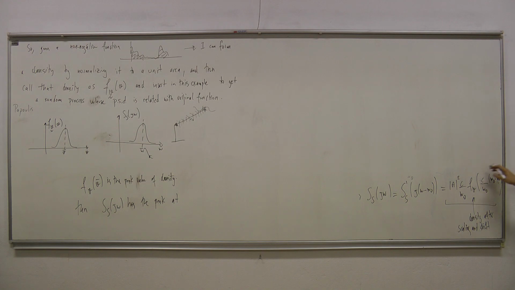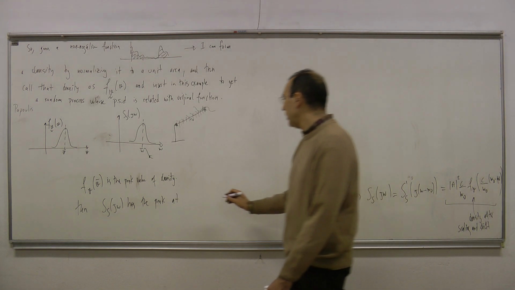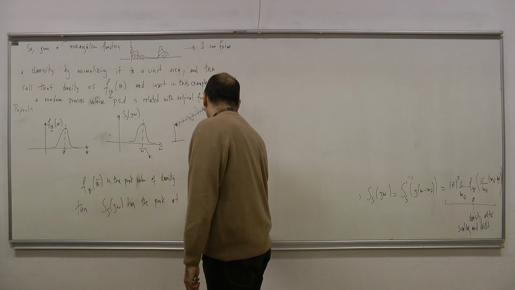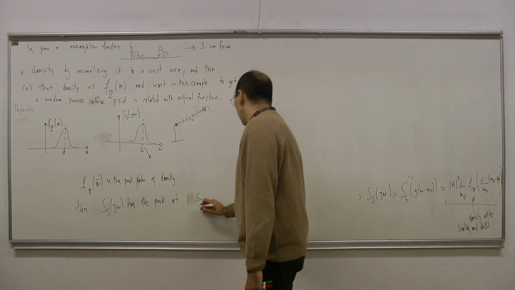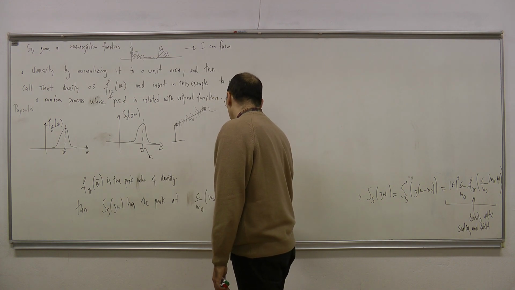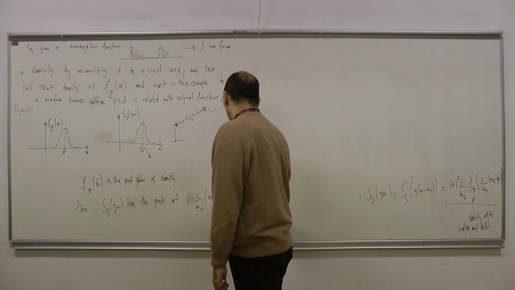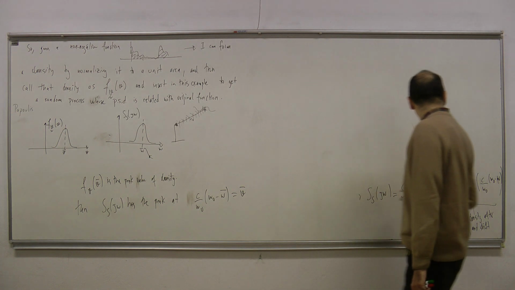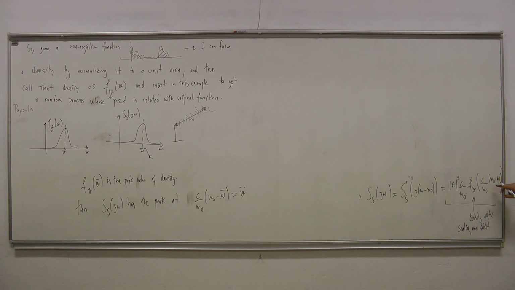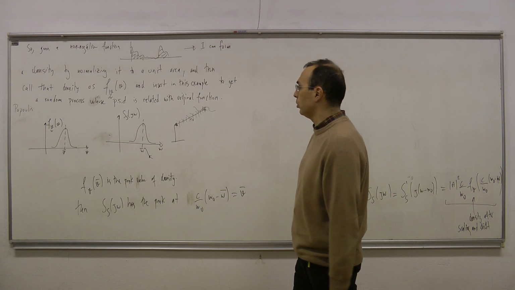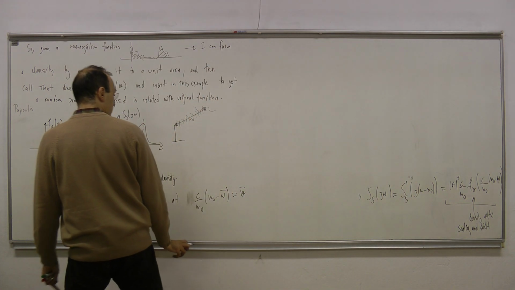Because if the argument is V bar, this function is maximized. So peak at C over omega naught minus omega, this is special omega, is equal to V bar. If I select omega bar specially, the whole thing should be equal to V bar.